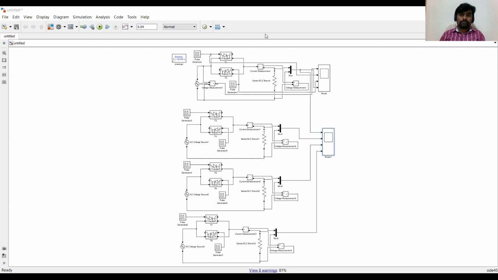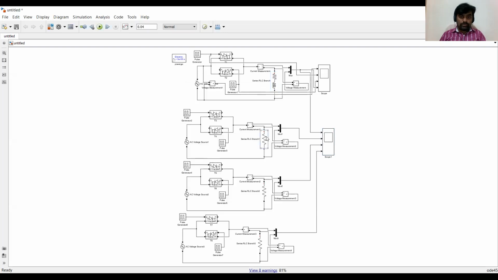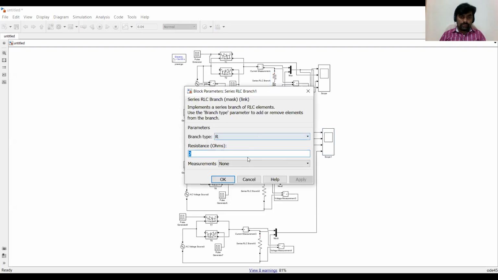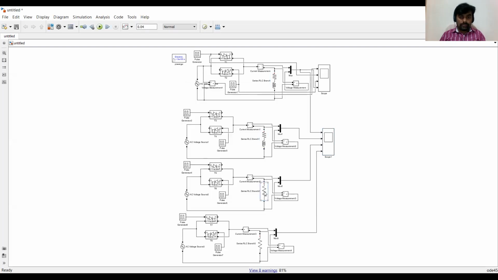Similarly, you can see for RL load. Now I will replace the load with RL. So see here I am replacing R by RL.